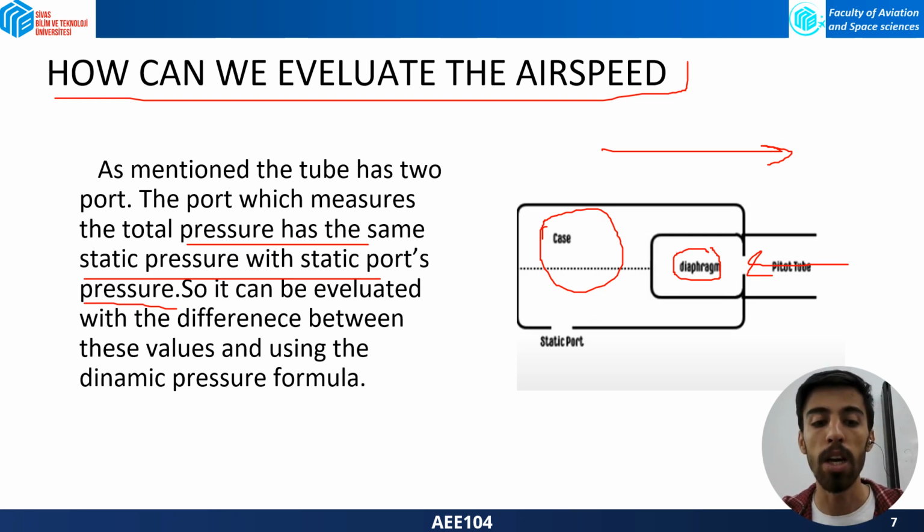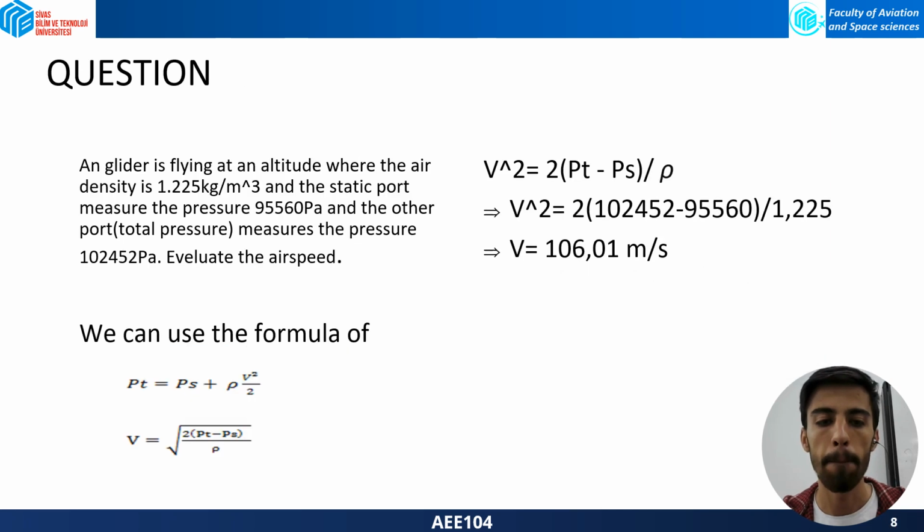So it can be evaluated with the difference between these values, one of them in the diaphragm and one of them on the static port. Between these values and using the dynamic pressure formula, which is 1 over 2 rho v squared, where rho is the density and v is the airspeed, if we solve the equation, you will understand it better.